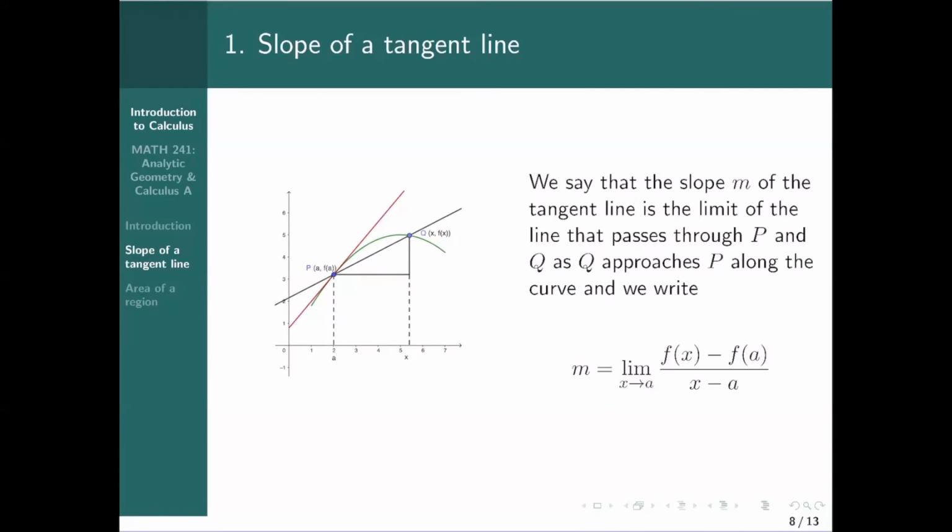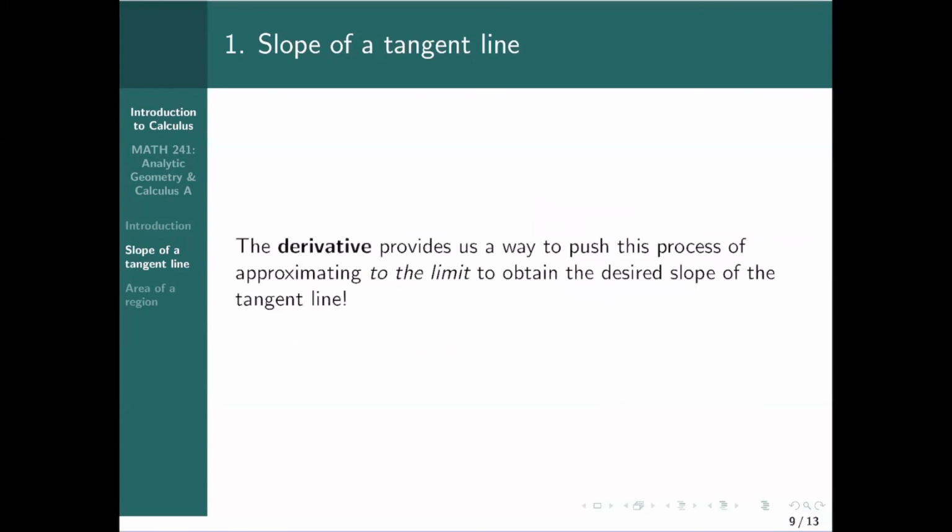And this is represented by the expression that we have in the slide. We say that M is the limit of that fraction as X approaches A. And then we can say that the derivative provides us a way to push this process of approximating to the limit to obtain the desired slope of the tangent line.